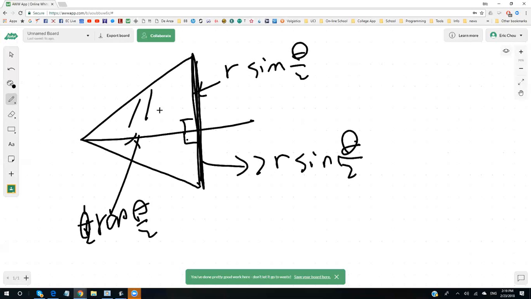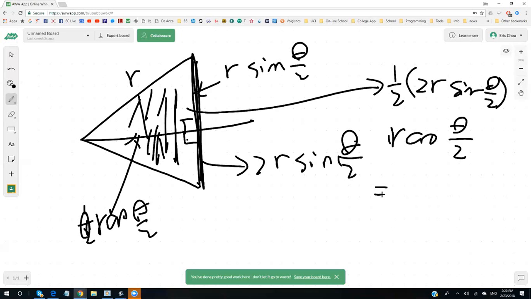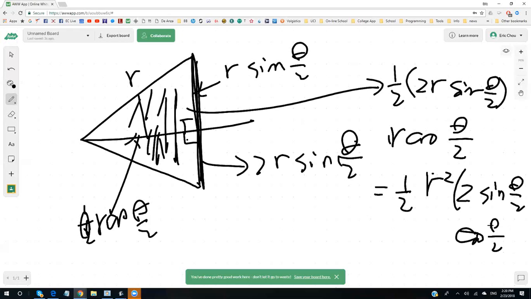The area for the whole thing has base 2r sine half theta, times height r cosine half theta, times half. So this is half r squared times 2 sine half theta times cosine half theta.